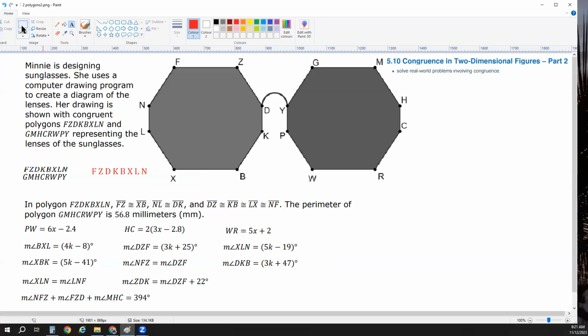All right, so F is lined with G. These are congruent polygons, so it doesn't matter which way you set them up.